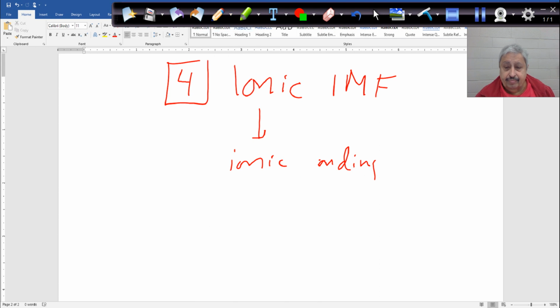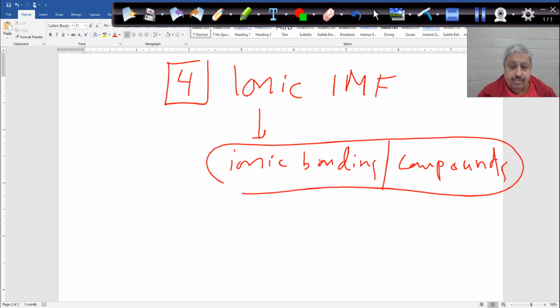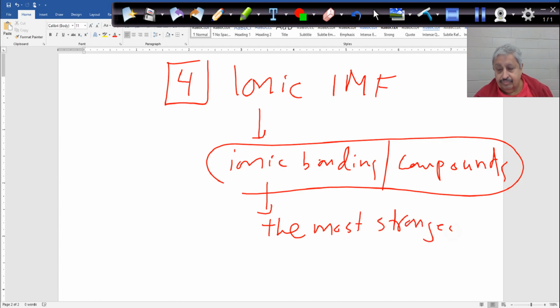This is by far the strongest intermolecular force, the strongest IMF.